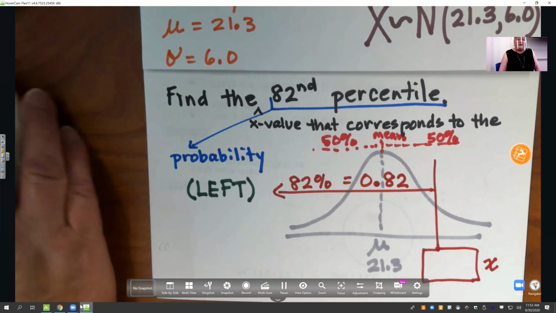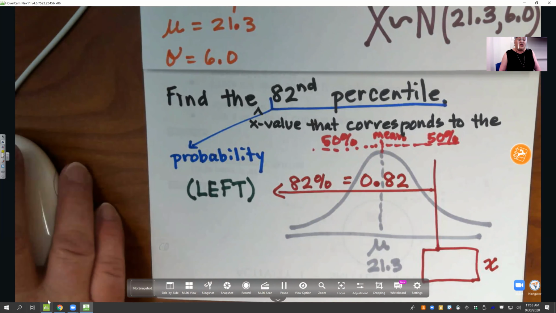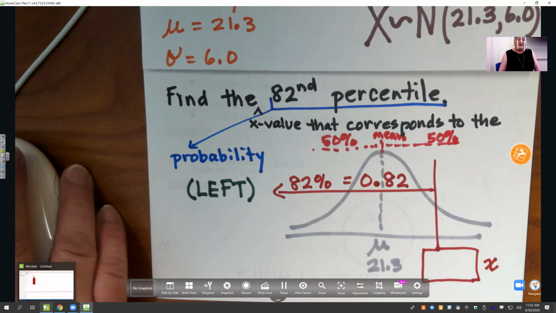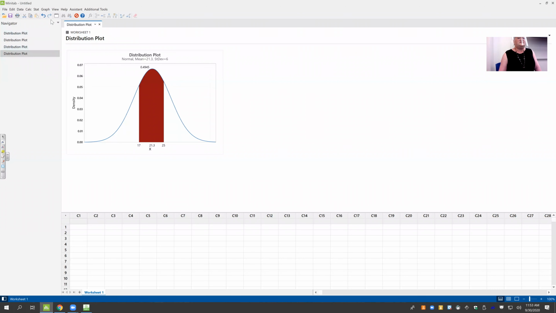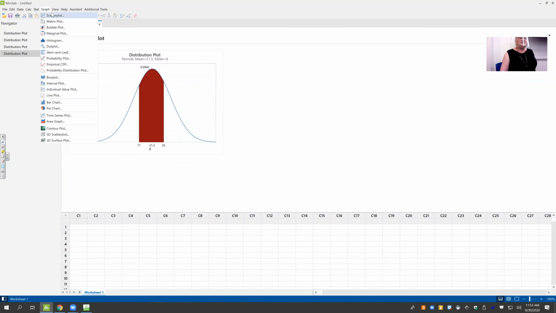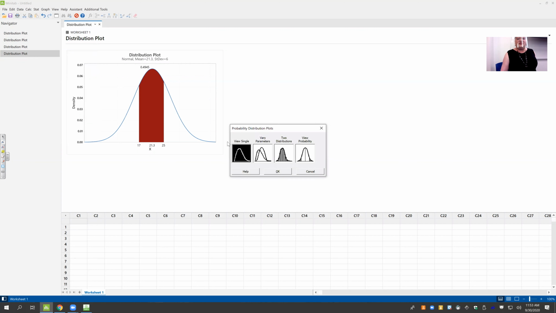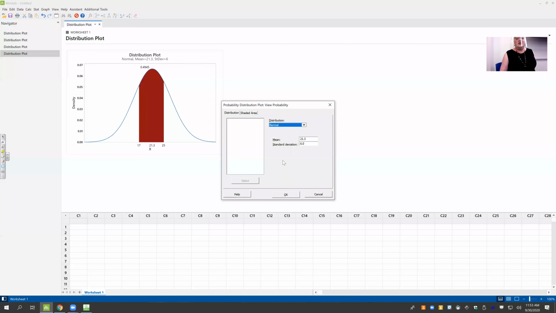Okay, so here we go. It's a little bit different thought process. You have to pay attention to the wording. This time we still use the same command: Graph, Probability Distribution Plot. We still want to view the probability. It's still a normal distribution with a mean of 21.3 and standard deviation of 6.